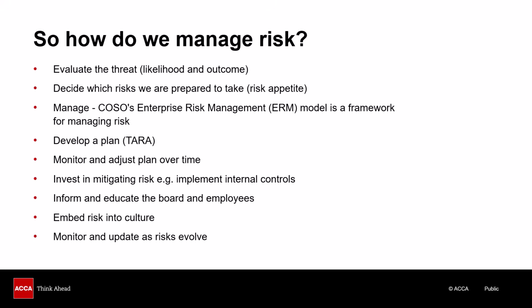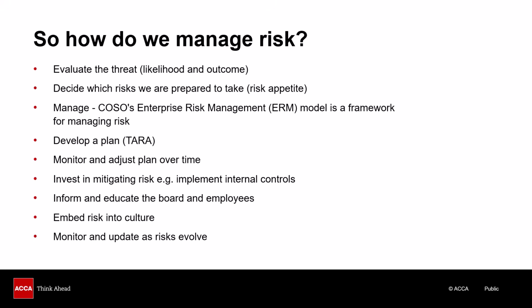Once we've done all of that, we then need to invest in mitigating the risk. And by that I mean the ones that we have decided to keep, reduce, or accept. We want to minimize the risk or the outcome of those risks as much as possible. And that's where we implement our internal controls.